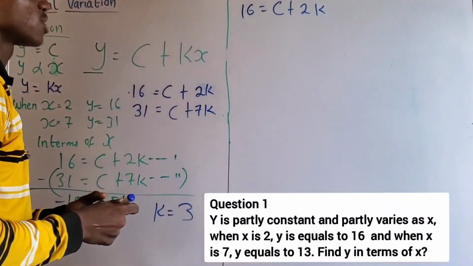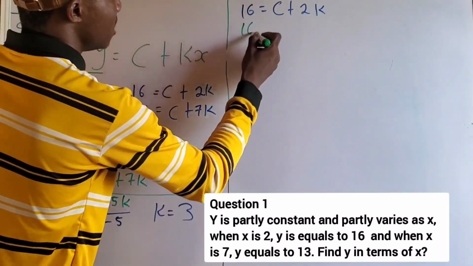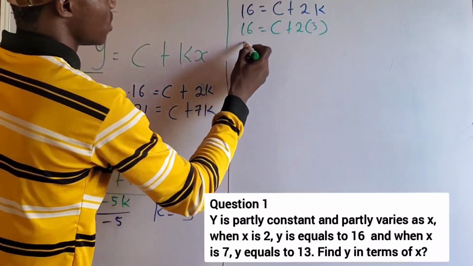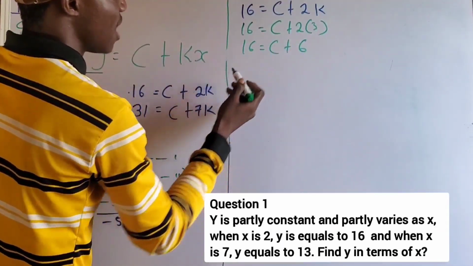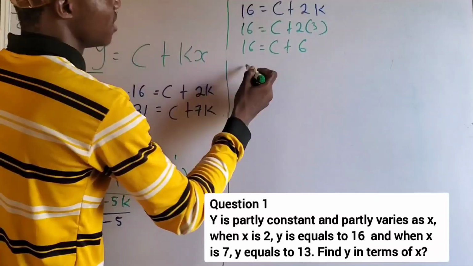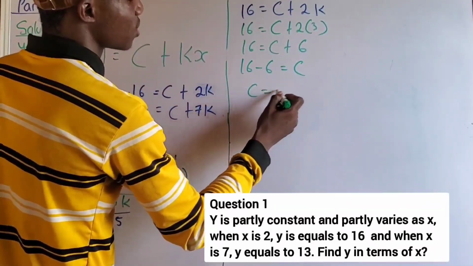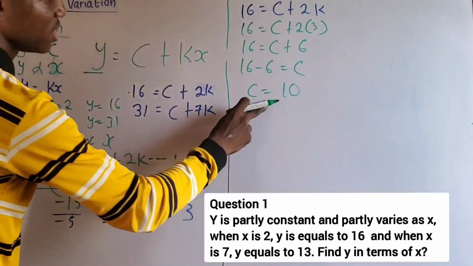Let us substitute the value of k as 3. I'm going to have 16 equals c plus 2 multiplied by 3, so 16 equals c plus 6. Now 16 minus 6 equals c. So c equals 10, right? So now the value of k equals 3 and the value of c equals 10.